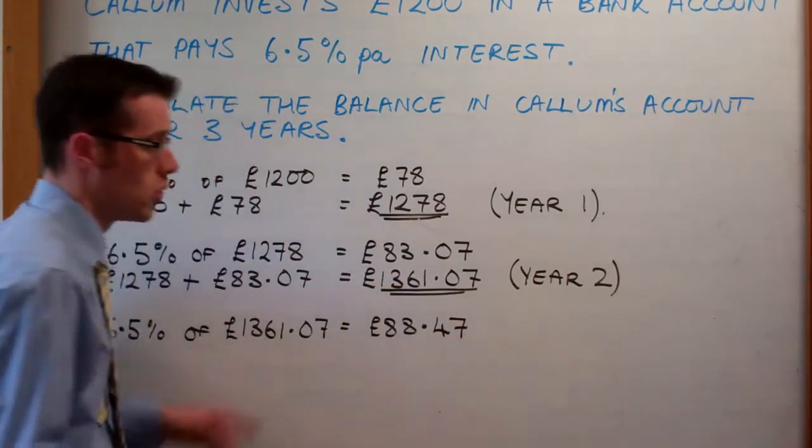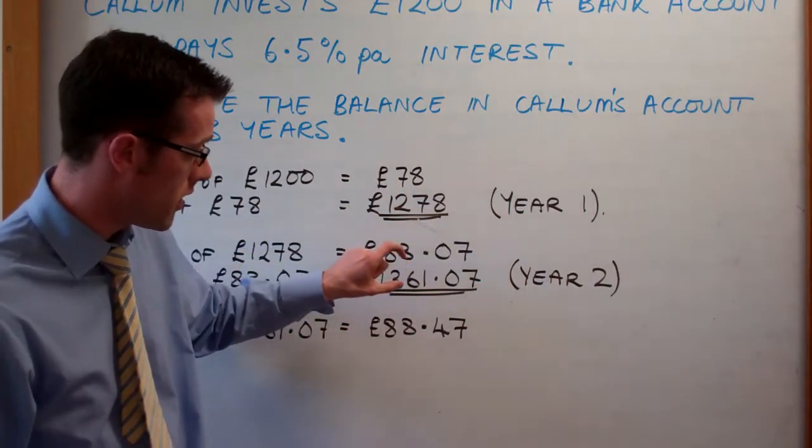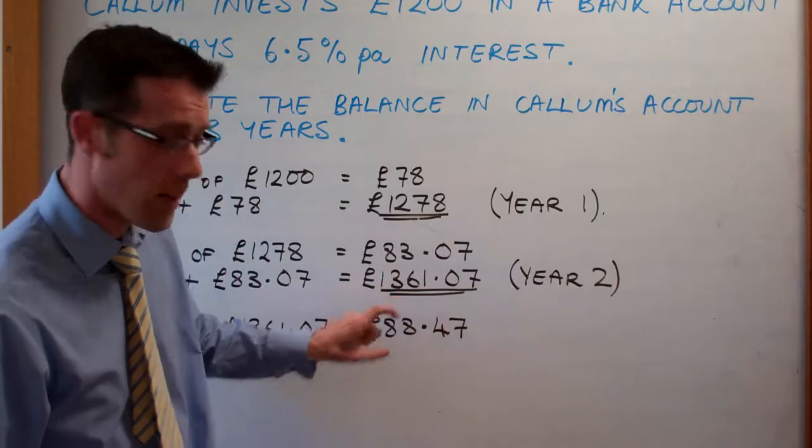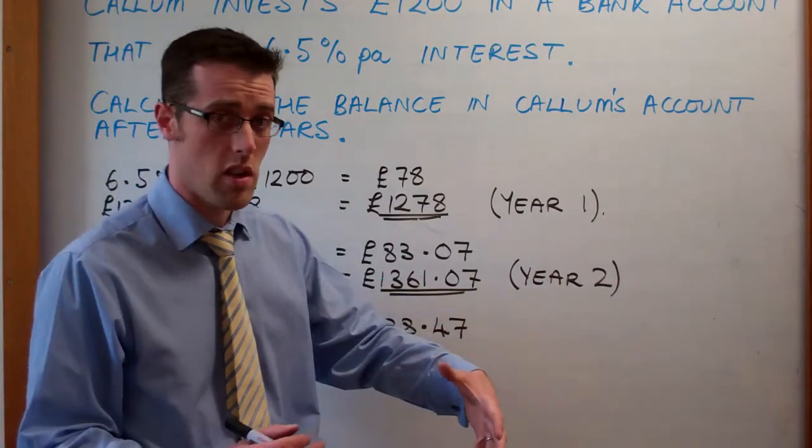£88.47 this time. So you'll notice, because his balance in his account's getting a little bit more every time, so is the interest getting a little bit more every time. So the more he keeps in the account, the more interest he receives. Okay?